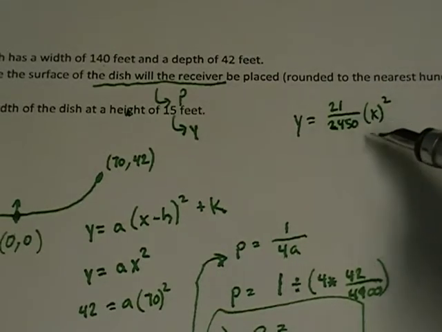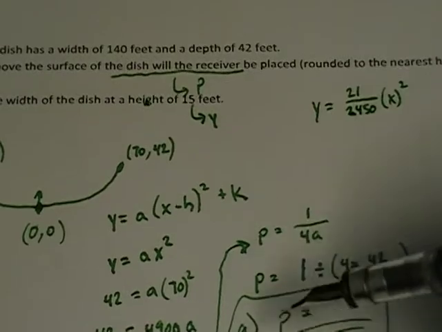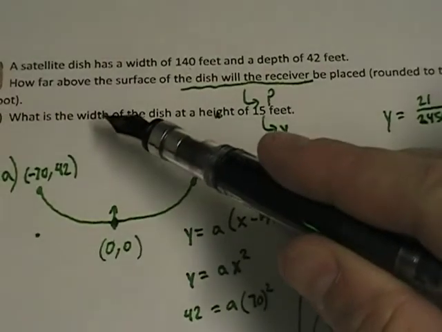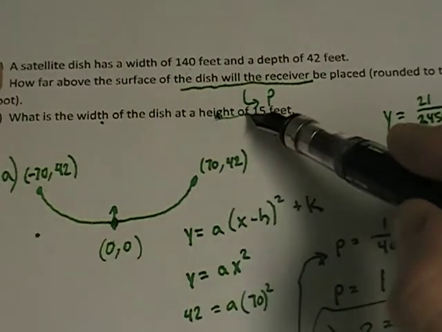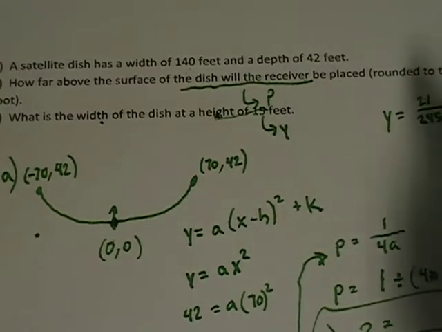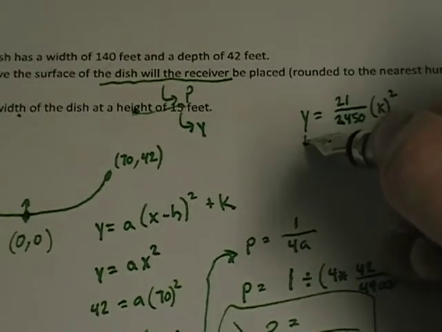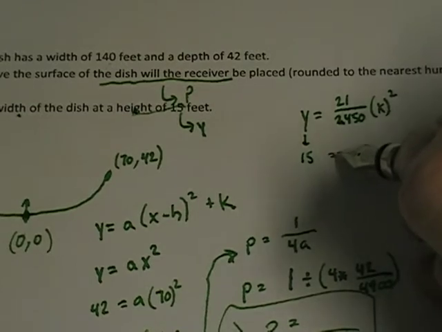Okay, that's our equation based on part A. And they want to know the width if the height is 15. Well, Y equals 15. So what they're telling me is to plug in 15 for Y.